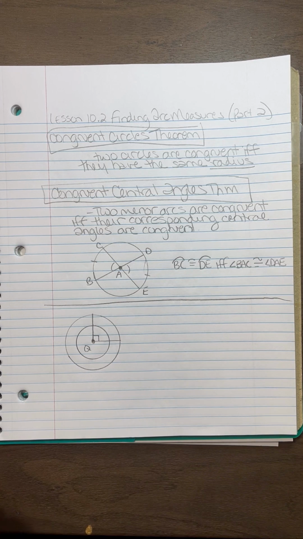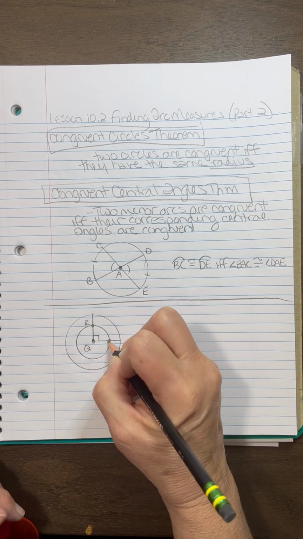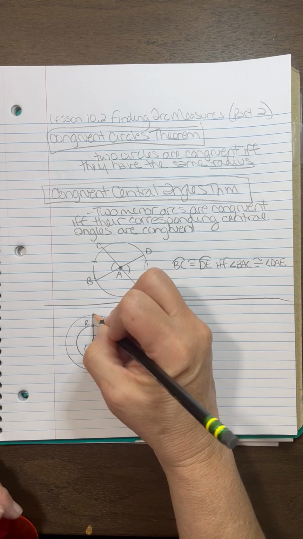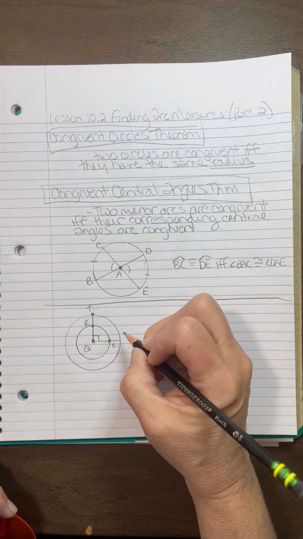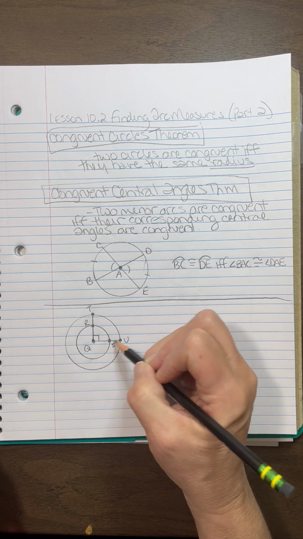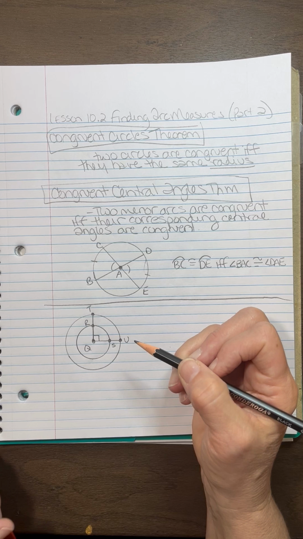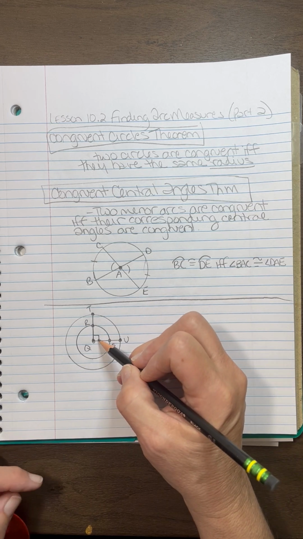Okay, now I want you to look at that. So we have R and S on the little circle. We have T and U on the bigger circle. They both are formed by these same radii, right? And we can see it's a 90-degree angle.